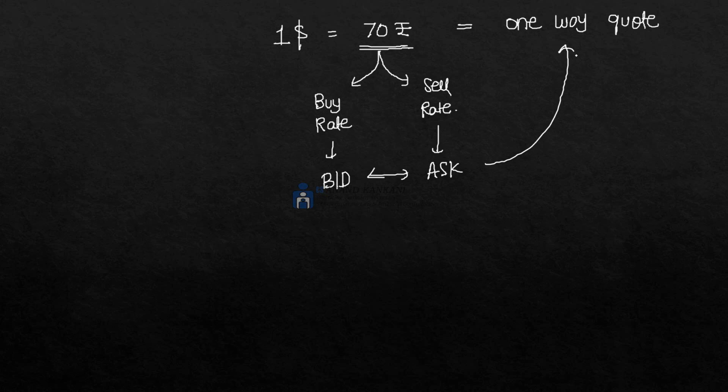However, when we talk about a two-way quote, you'll find something like this: the exchange rate is represented as 70, 72, which you see practically also. What does this represent? 70 rupees is the bid and 72 is the ask. This means that if you sell dollar, the bank is going to give you 70 rupees, but if you buy dollar, the bank will ask for 72 rupees.